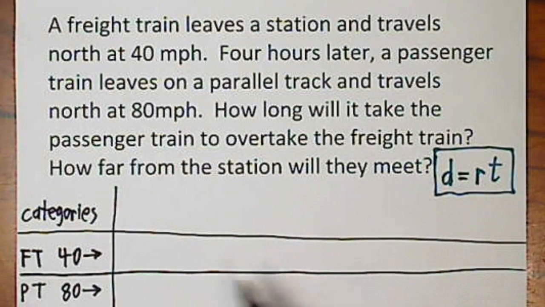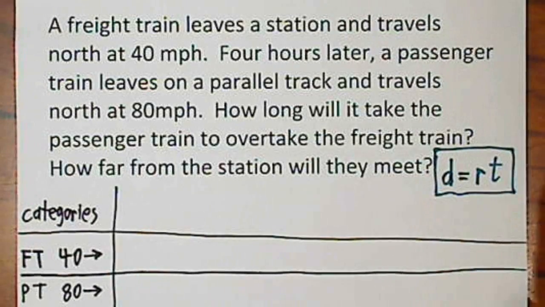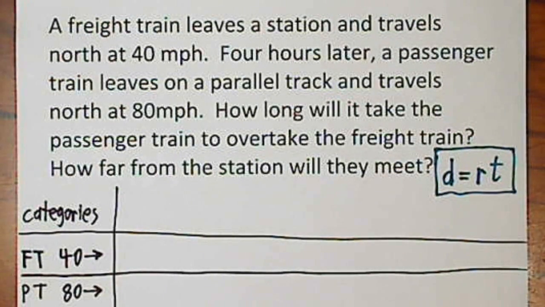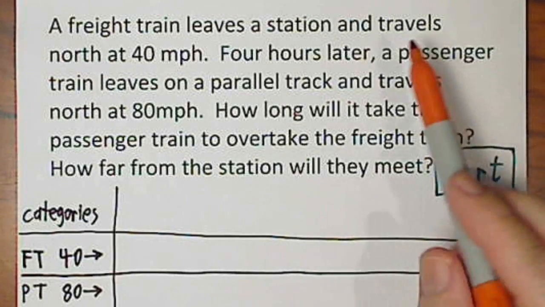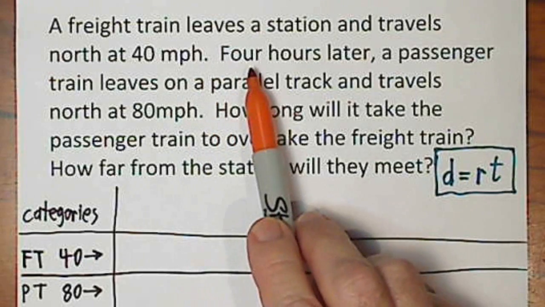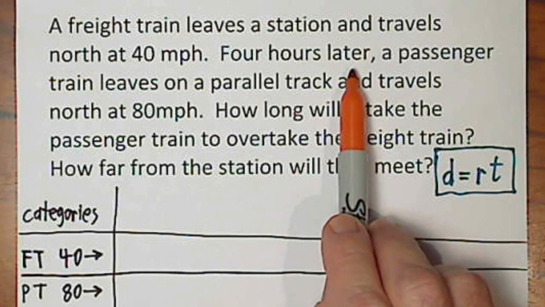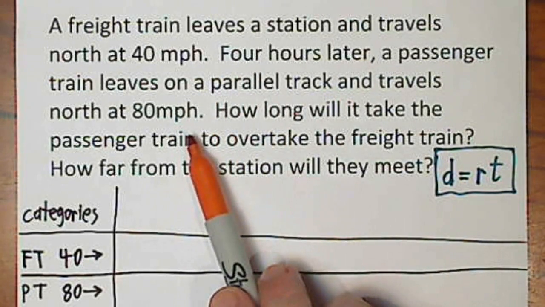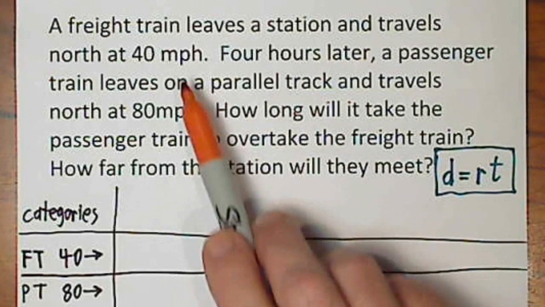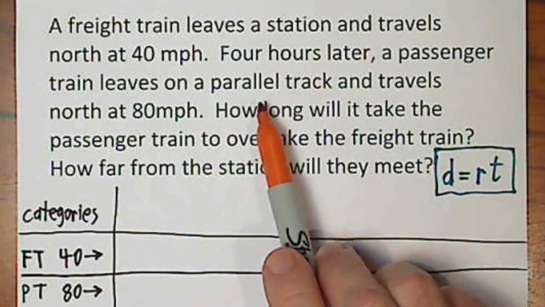And let's see, in the next compartment I'd like to get my variables in here. "4 hours later, parallel track." So they're comparing these 2 trains in terms of time.